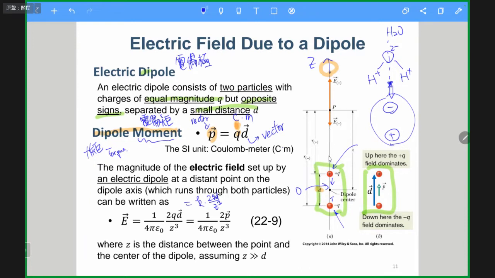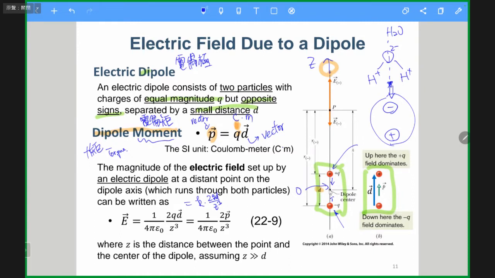I think in this figure the axis is defined like this. Z is from the middle point of the electric dipole to the point you are concerned with. This equation tells you the electric field generated by this dipole only on this Z-axis, and Z means the distance from the point you are concerned with to the middle point of the electric dipole.